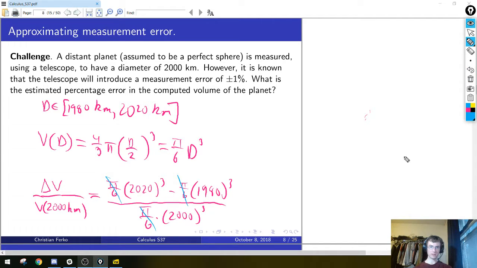Actually, no. Factoring out the cube doesn't work, because we have this minus 1980 cubed. Never mind. Are you saying I want to split this into two guys and put a 2020 over 2000, and by factoring out the cube, you put all of the 2000 guys in the denominators of these two?